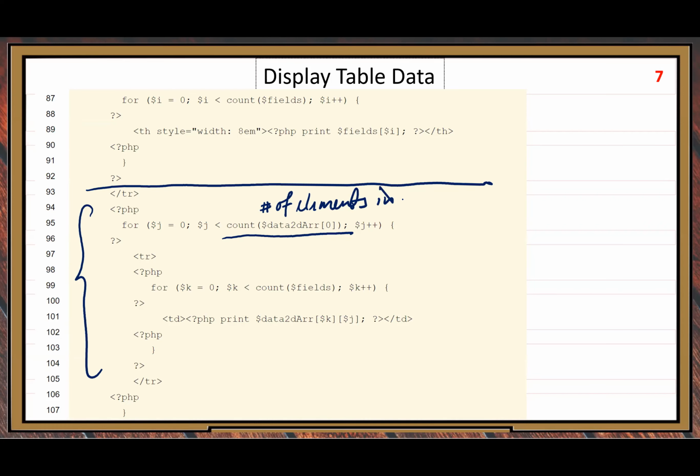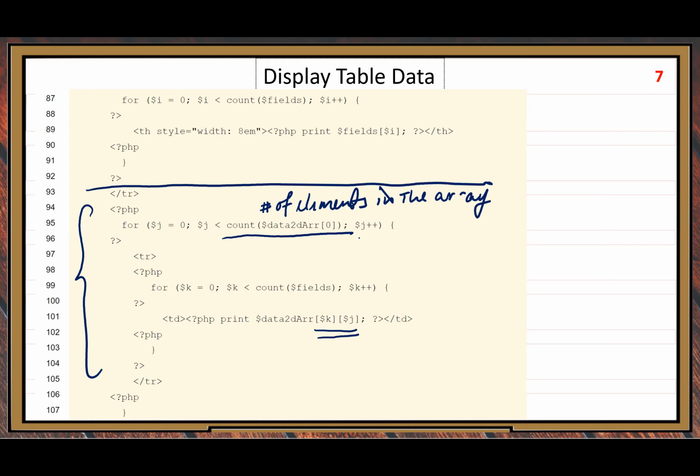That number corresponds to the number of fields. Then for each field, we display the data for that field, using the 2D indices: first dimension, second dimension.